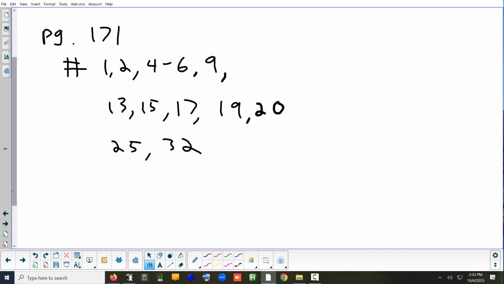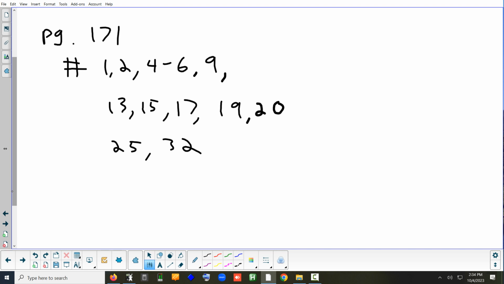Okay, so let me just see, I might have to change the last couple. All right, so 1, 2, just doing the long division. Okay, on number 9, the directions say use the factor theorem to determine if something is a factor.